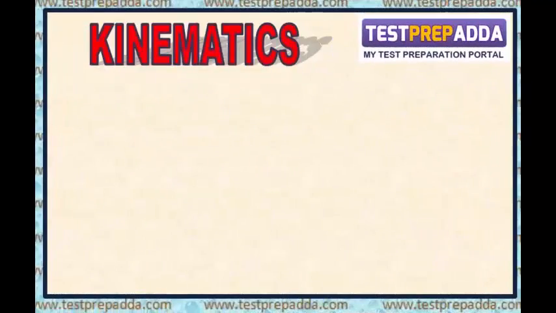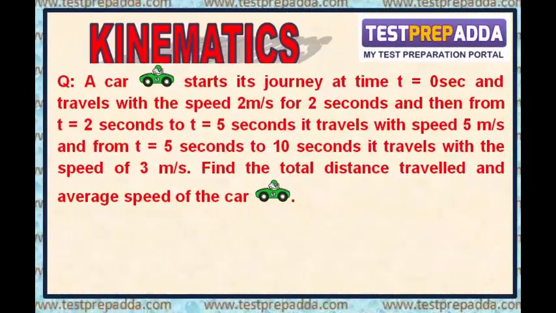The question says, a car starts its journey at time t = 0 seconds and travels with speed 2 meter per second for 2 seconds. And then from t = 2 seconds to t = 5 seconds, it travels with the speed 5 meter per second.